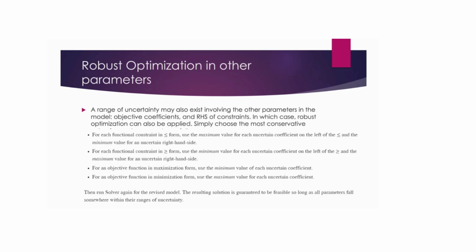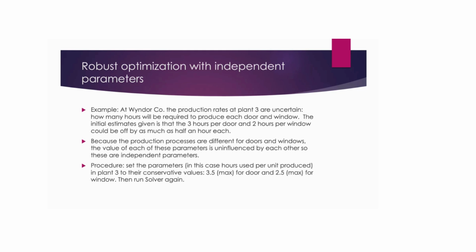A range of uncertainty may also exist involving other parameters in the model, like objective coefficients and right-hand side. So here, going back to our example of door and window, we need to have pasobra or latitude by adding half hour each to the left-hand side.